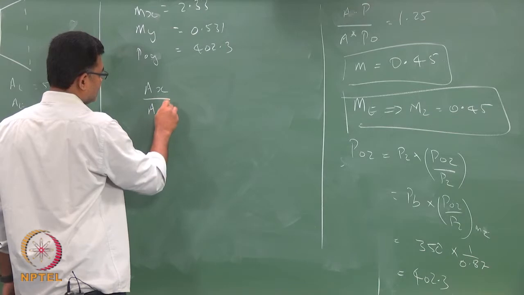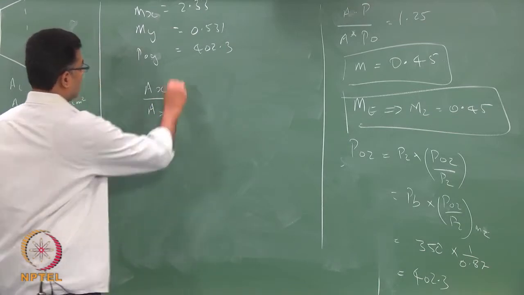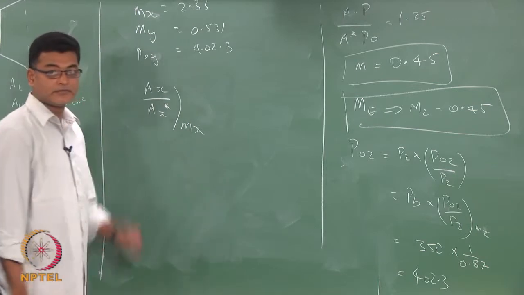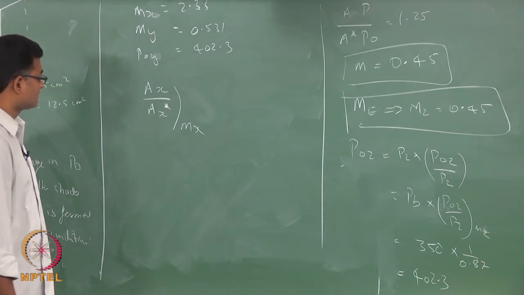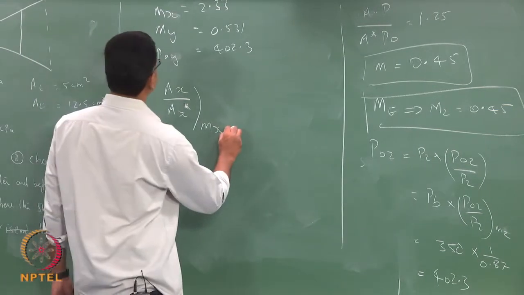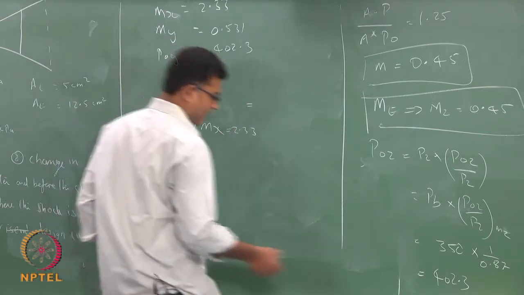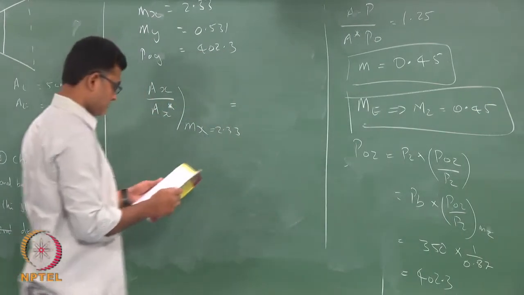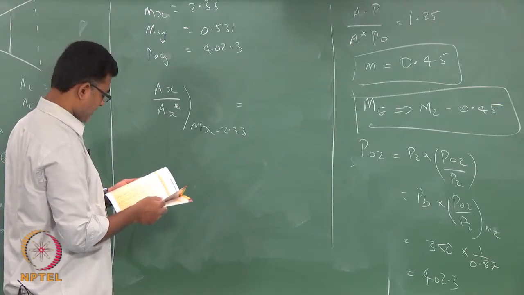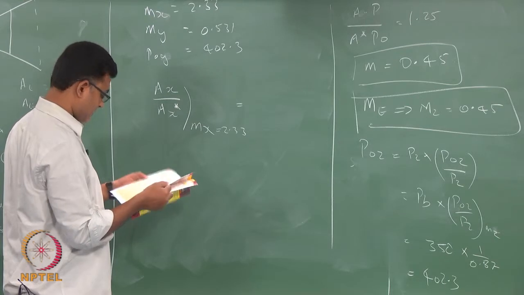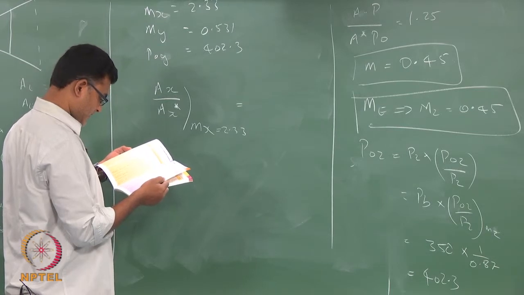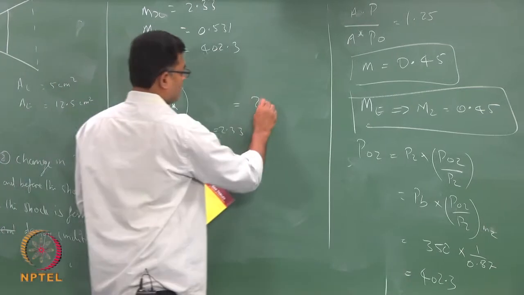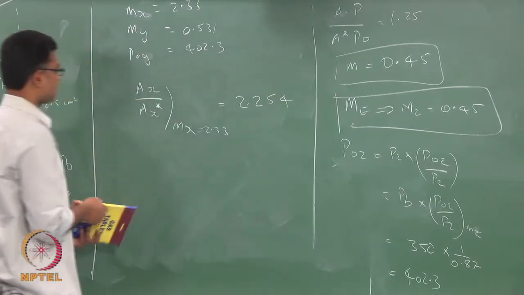Ax by, let us take Ax star for Mx. So what is Ax is the question. Mx is 2.33. So again from the isentropic tables, 2.33 would fetch me an area ratio A by A star of 2.254.